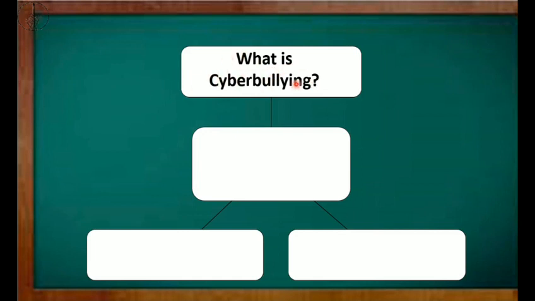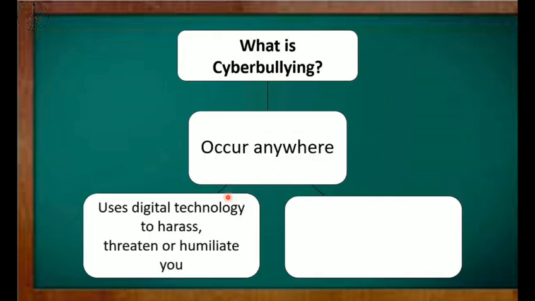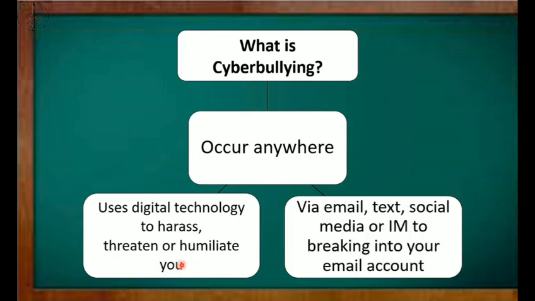Here at the upper side, we have what is cyberbullying. Here at the center, occur anywhere. On the left side, uses digital technology to harass, threaten, or humiliate you. And on the right side, via email, text, social media, or IM, to breaking into your email account.